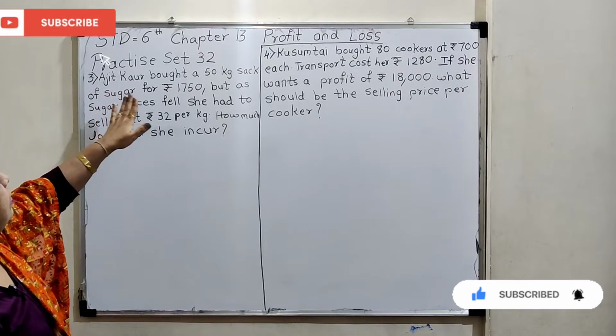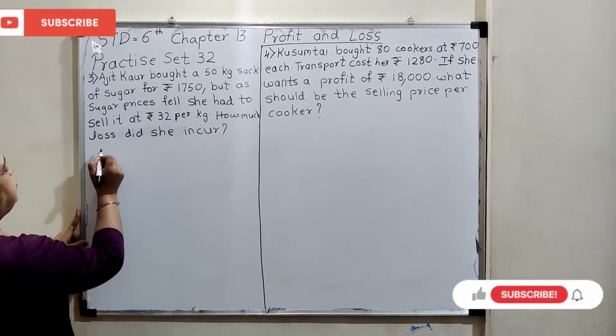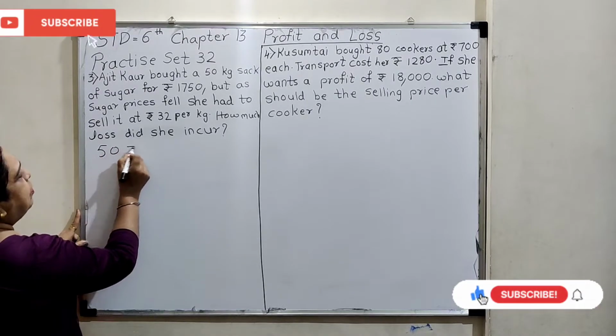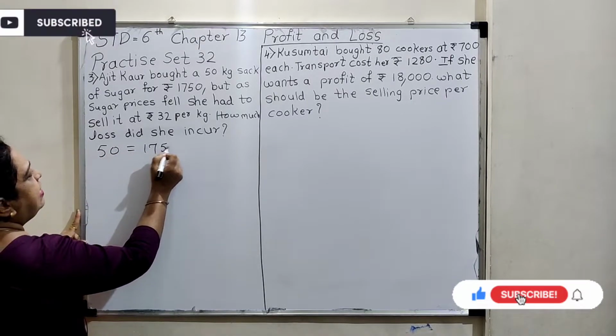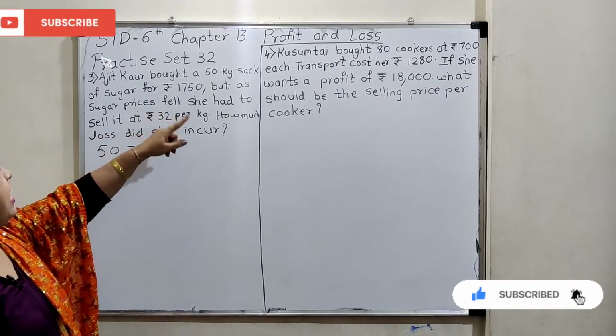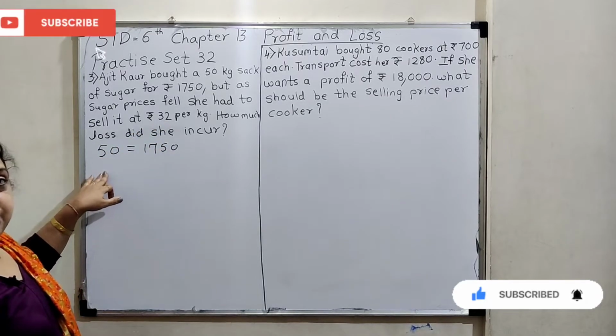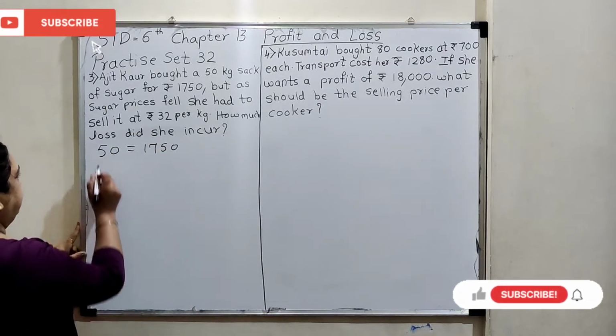So Ajit Kaur bought a 50 kg sack of sugar for rupees 1,750. But as the sugar prices fell, she had to sell it at rupees 32. So 50 kg multiplied by 32.